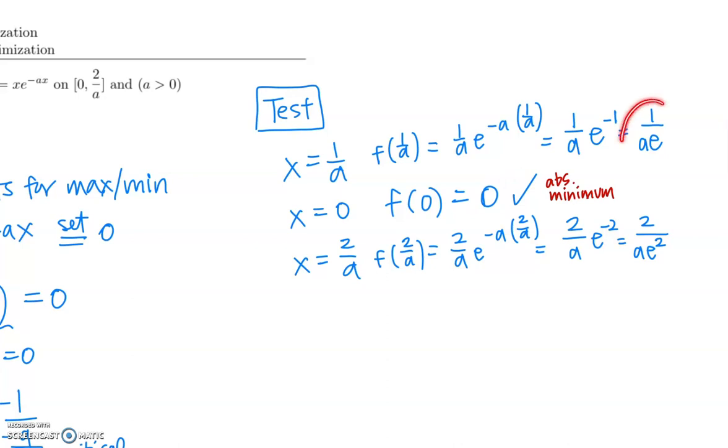Now we just have to figure out which one is bigger, 1 over a times e or 2 over a times e squared.